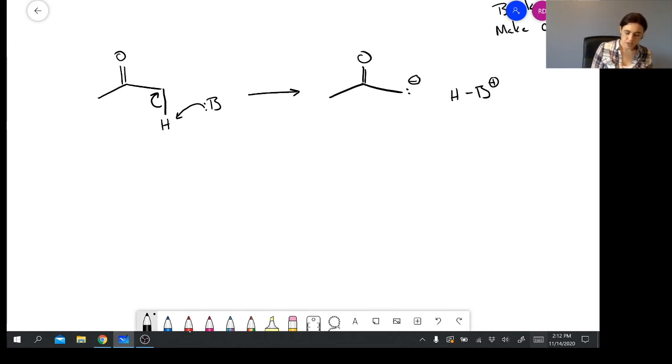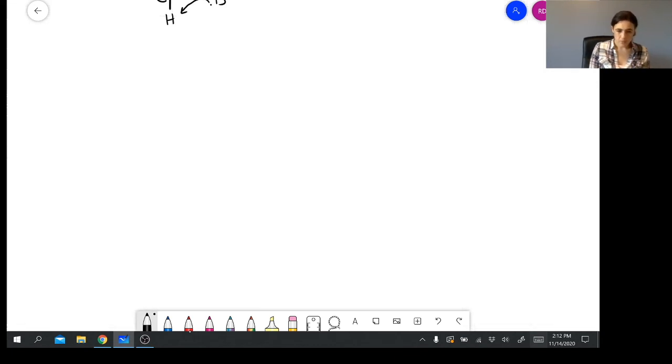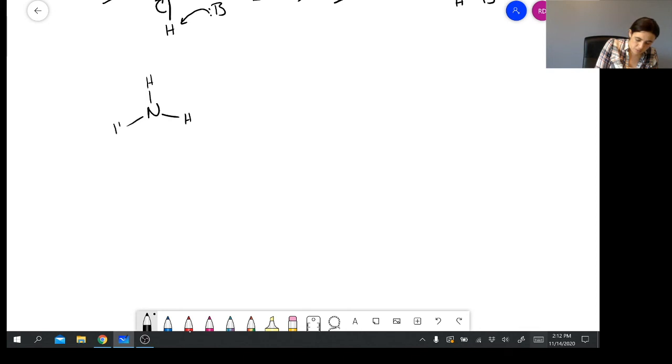Other things to watch out for. Remember, do not violate the octet rule. People often have problems with nitrogen in that way, right? Because nitrogen has a positive charge in an ammonium state, but that means that it does not have the same properties as a carbon with a positive charge. It doesn't have an empty p orbital. It has a full octet.